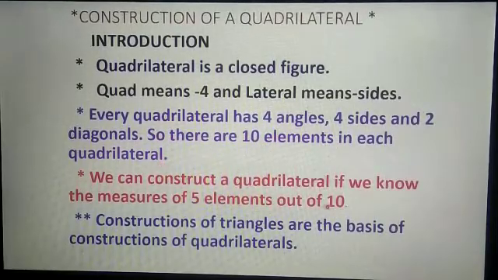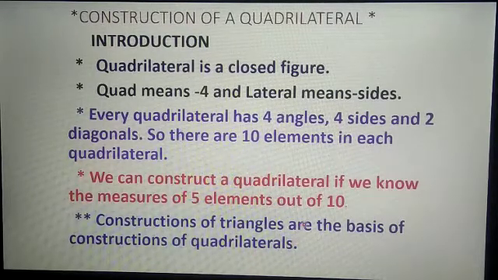We can construct a quadrilateral if we know the measures of 5 elements out of 10 elements. If only 5 elements are known, then you can construct a quadrilateral easily. Construction of triangles is the basis of construction of quadrilateral. If you want to construct a quadrilateral, you can construct a triangle first.